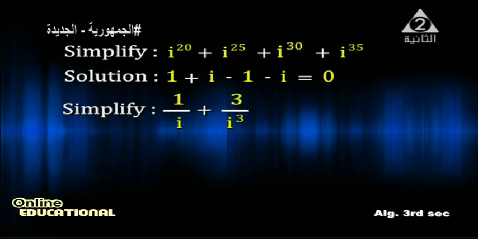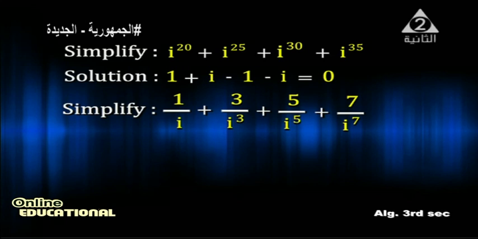1 over i equals what? i power negative 1. 3 over i power 3 equals 3 i power negative 3, or negative 3i. 5 over i power 5 equals 5 i power 3, or negative 5i. 7 over i power 7 equals 7i.